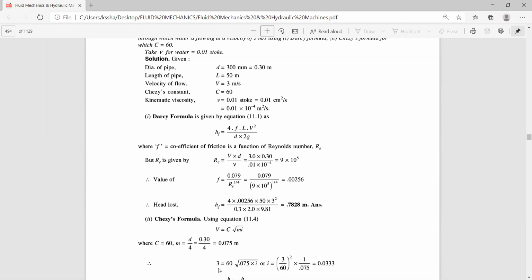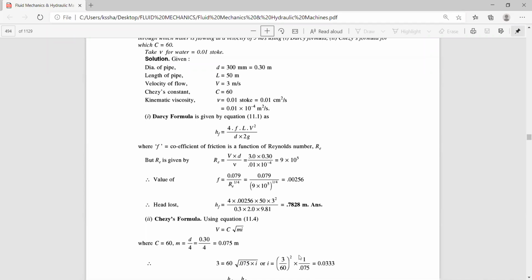Now velocity V is 3, Chezy's constant C is 60 into square root of m, which is 0.075, into i. So what you can do is, take this 3 divided by 60 to the left hand side, and then we are squaring on both sides.